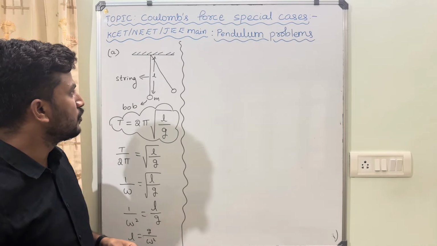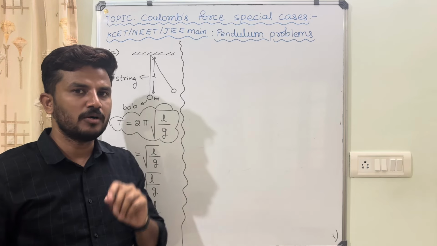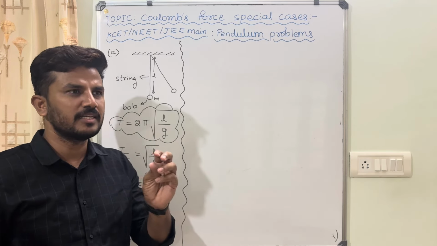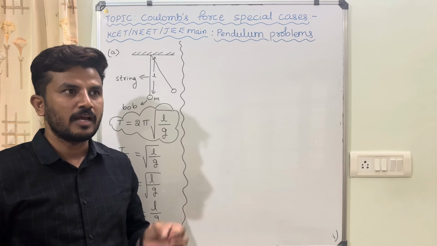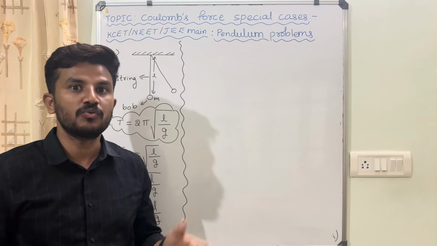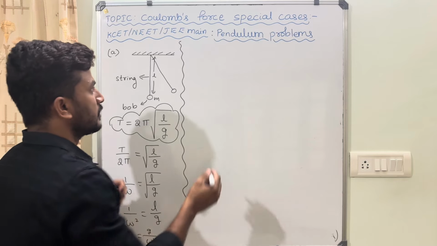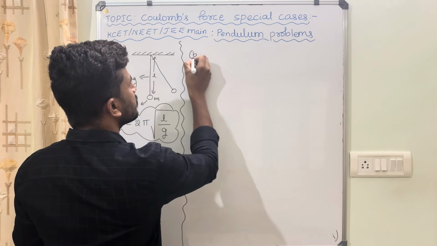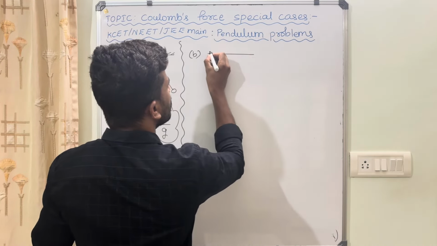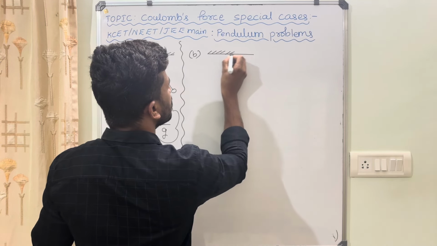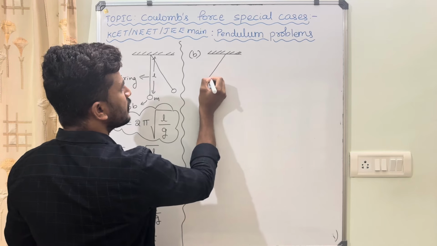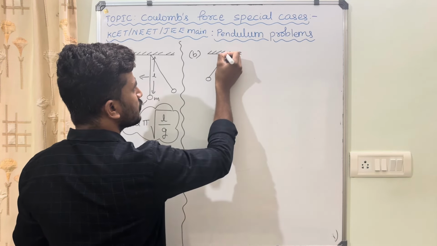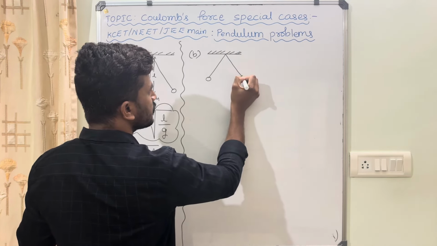Now what I will do is take two such bobs of very little mass. You can consider pith balls, and give them equal charges. What happens here? Here we have the pendulum to which two balls of equal charge are connected.